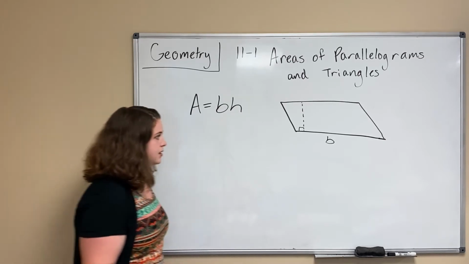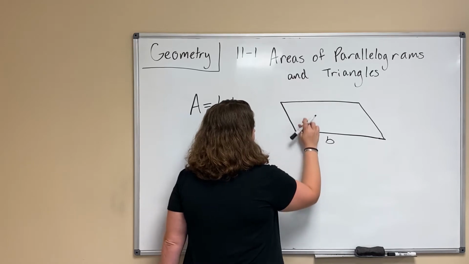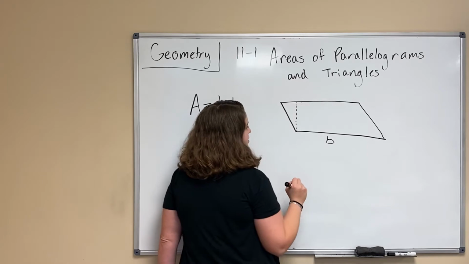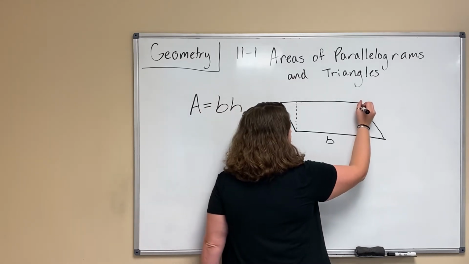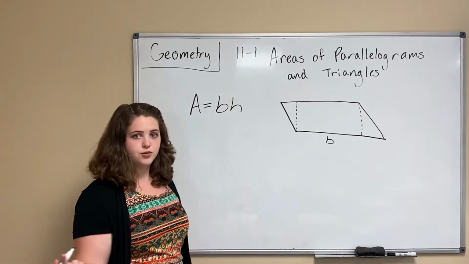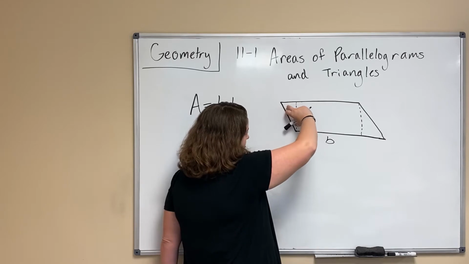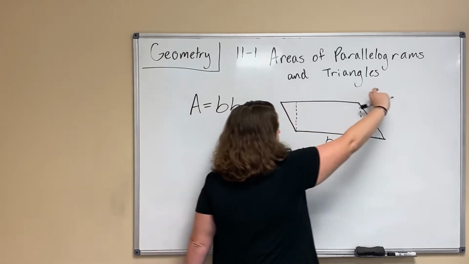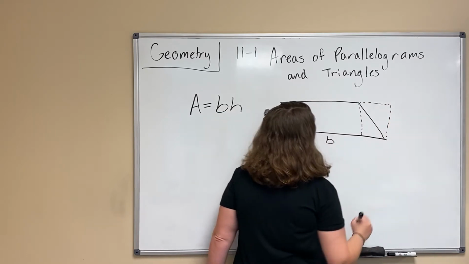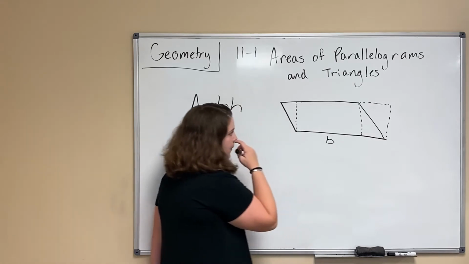The reason being, if instead of putting it randomly in the middle there, I put it at the corner, still perpendicular, and I took it from this corner, what I'm making are two triangles that are equal to each other. And if I was to pick this triangle up and move it here, then it would be making this a complete rectangle.